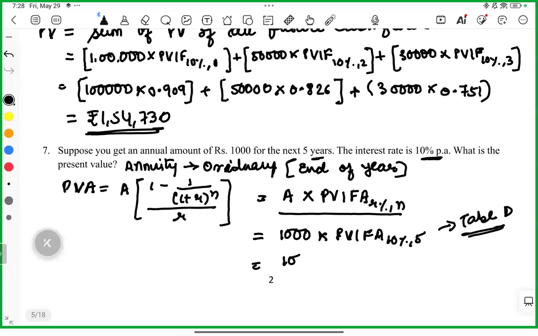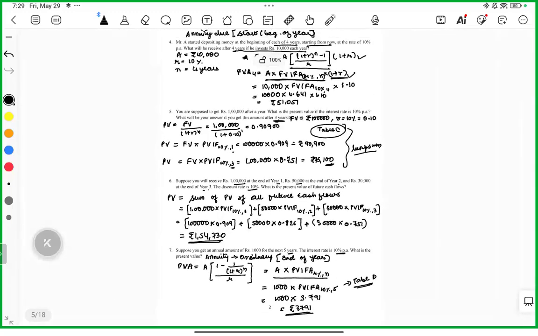So 1,000 into, check table D, PVIFA, 10% and 5 years. The factor is 3.791. It is rupees 3,791. This is the present value of 1,000 rupees every year for next 5 years. But its present value is 3,791. Okay.